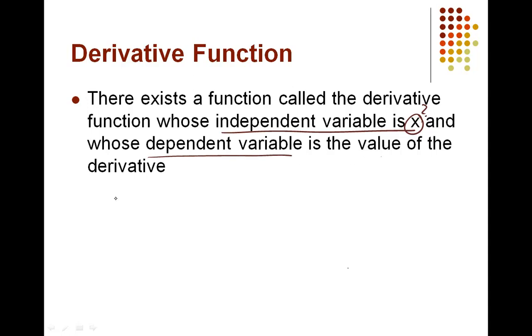So if I have an equation for f of x, I should be able to find an equation for f prime of x in terms of x, so that whatever value I want to find the derivative at, all I have to do is plug it in.